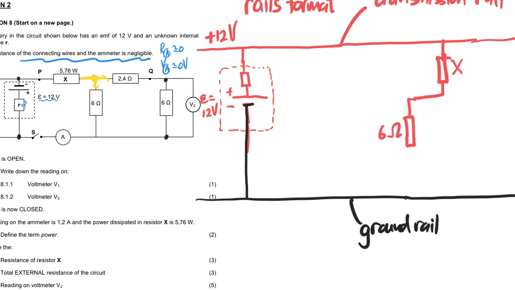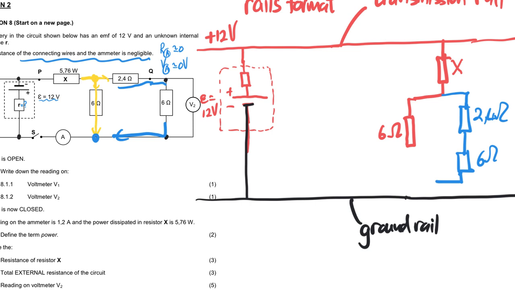So the current would go through there. The rest of the current would go through the 2,4 ohms and then through the 6 ohms. So on the other side, we're going to have 2,4 ohms, and we are going to have 6 ohms, and then they're going to join up here again.